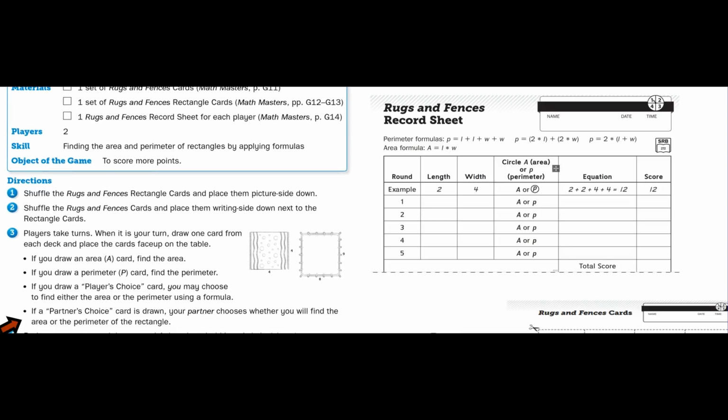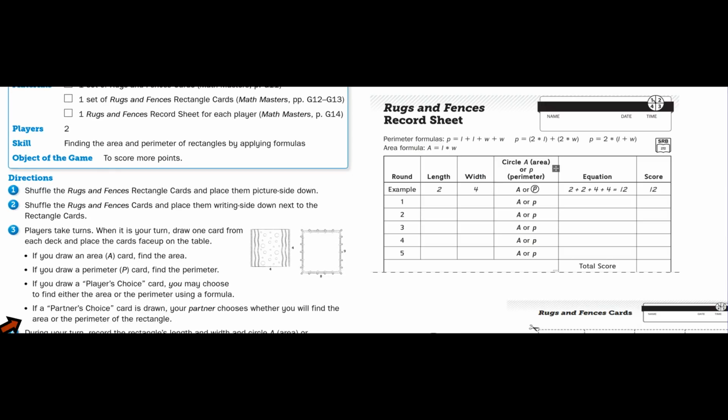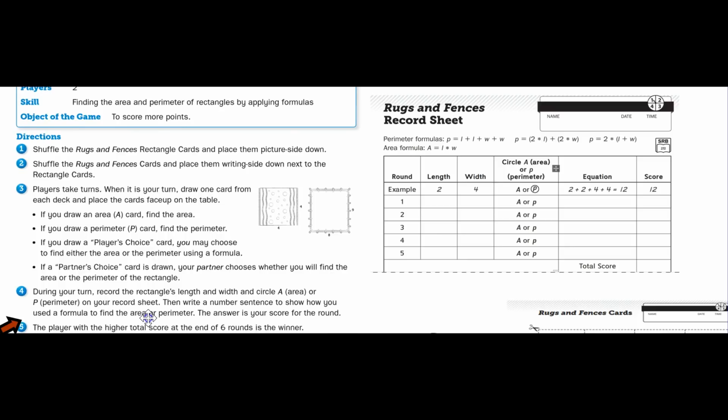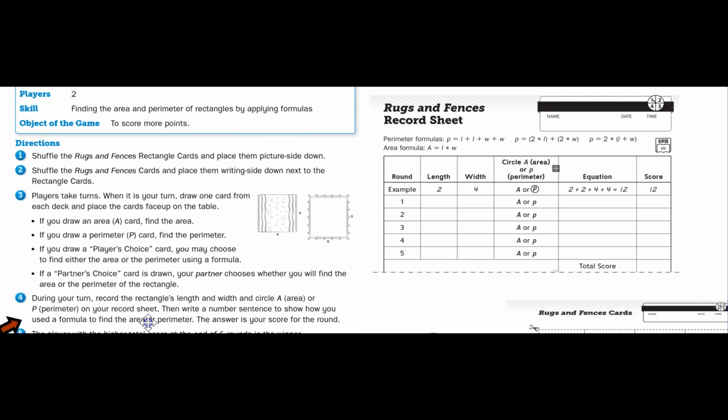Now there's another kind of card, partner's choice. Now, your partner can decide, does your partner want you to find the area or the perimeter? During your turn, you'll record the rectangle's length and width, like the example over here.